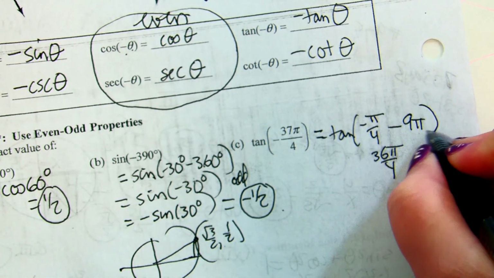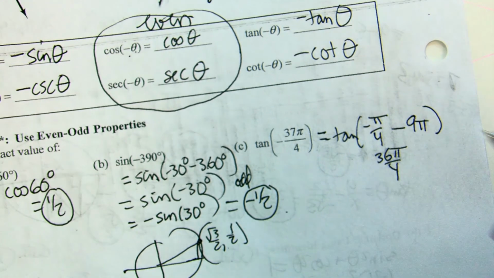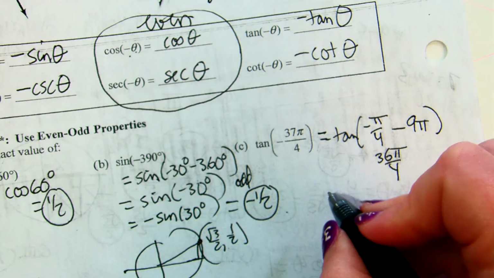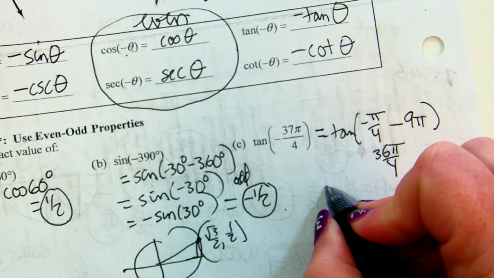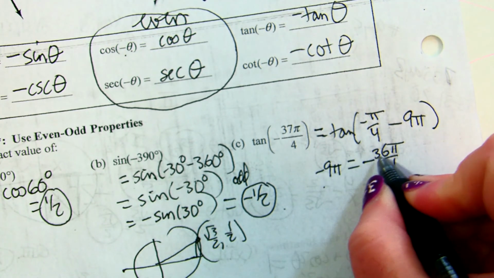And you can subtract pi's, because for tangent, every pi, that's the period. So you can just subtract pi every time and get the same. So negative 9 pi is the same thing as negative 36 pi over 4.